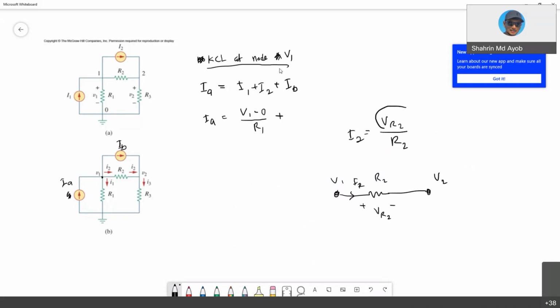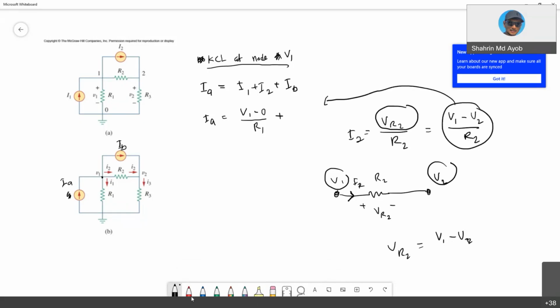This voltage drop is the difference between V1 and V2, because the current flows from V1 to V2. So VR2 becomes V1 minus V2, and I2 is V1 minus V2 over R2.